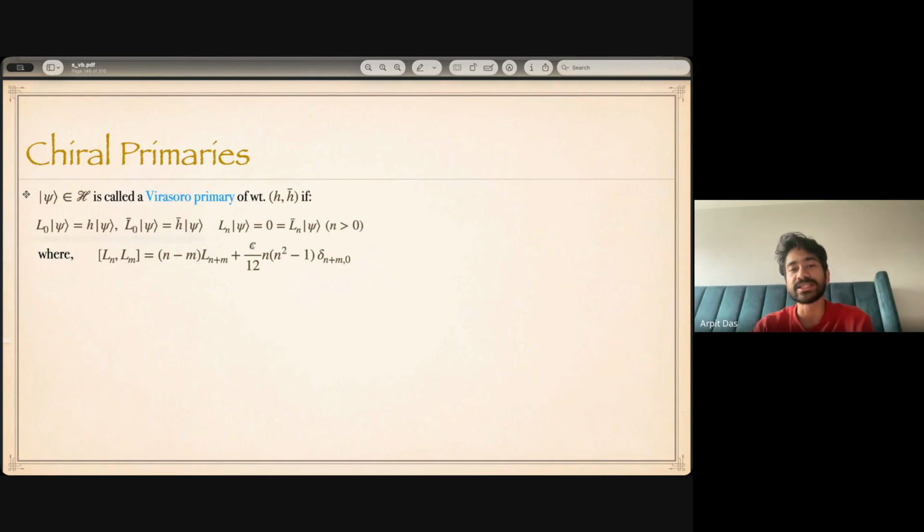This is also the anomaly that appears in these 2D CFTs. If you know a bit about the Weyl anomaly, or the trace anomaly, then this c precisely appears there, and it captures this property of projectivity in your representation.